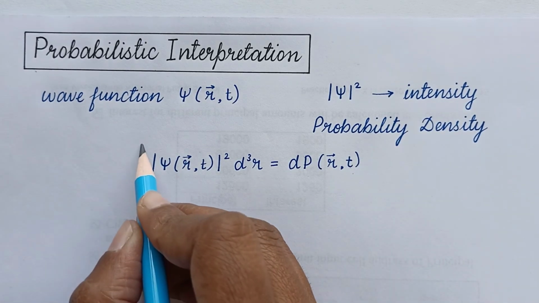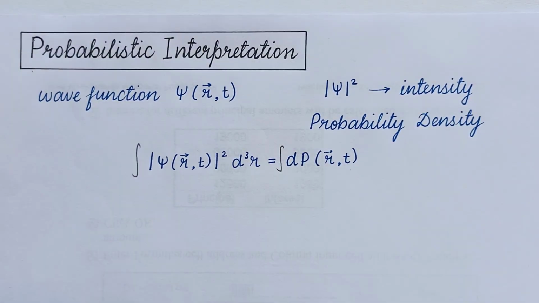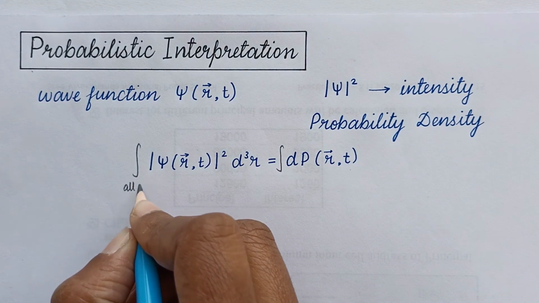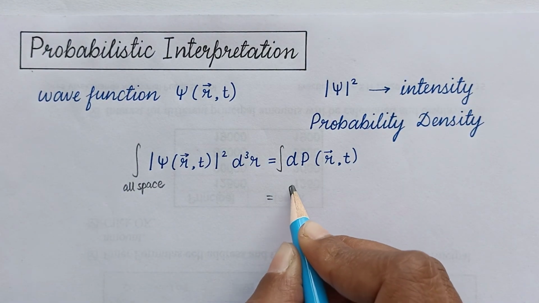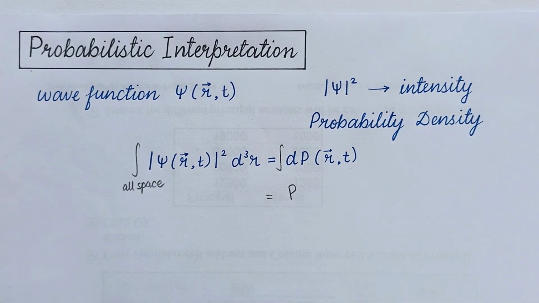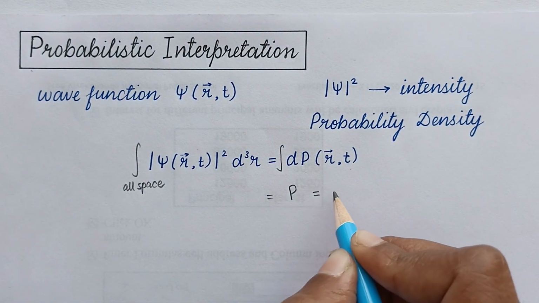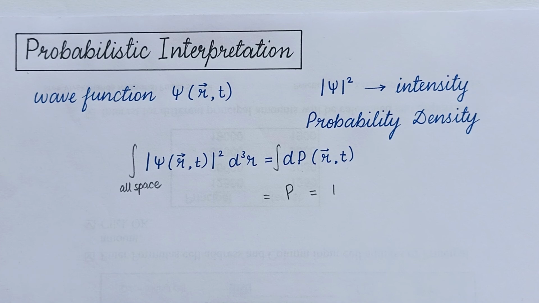Now if we integrate both sides over the entire space, we'll get P, which is probability, and we know that the total probability is always 1. Thus, the total probability of finding the particle somewhere in space must be equal to 1.